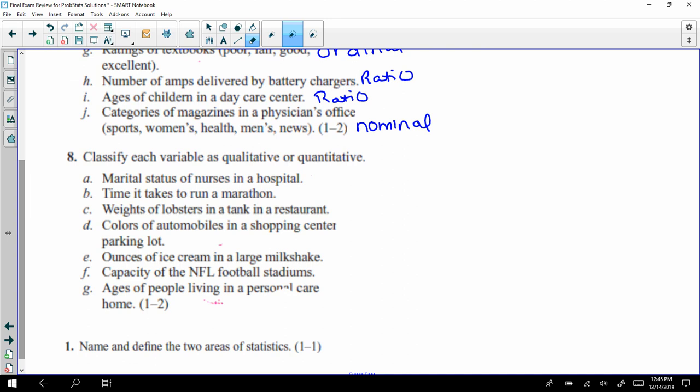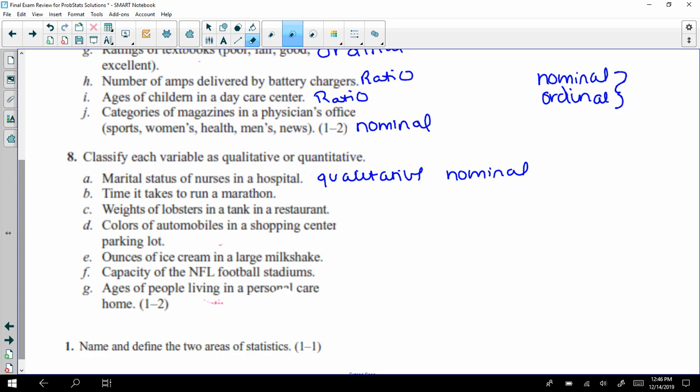Qualitative or quantitative: marital status would be qualitative, and that is nominal. Remember that nominal and ordinal can both be categorical, or as we talk about, qualitative.